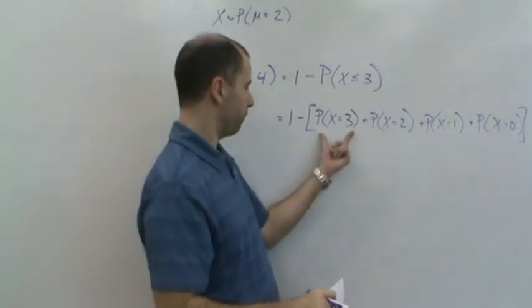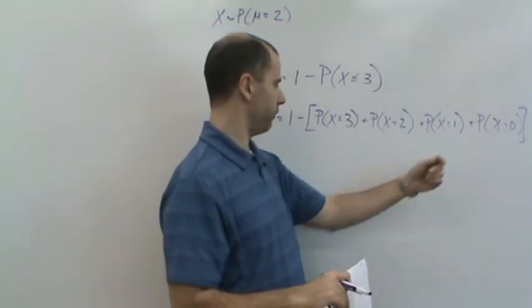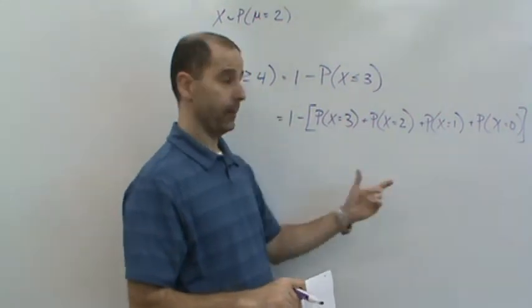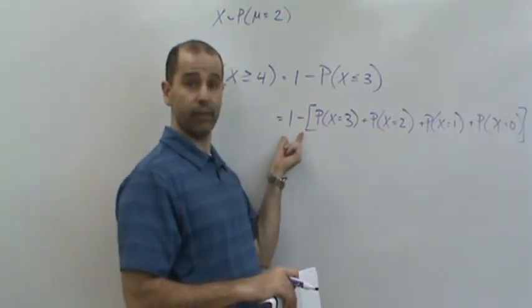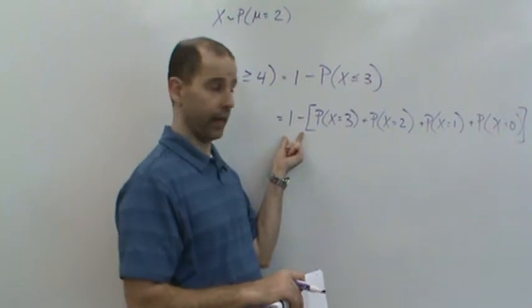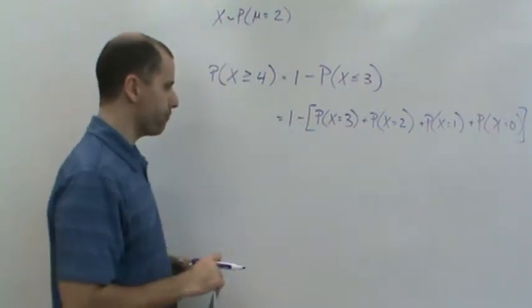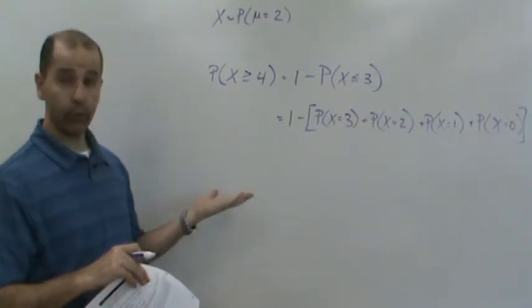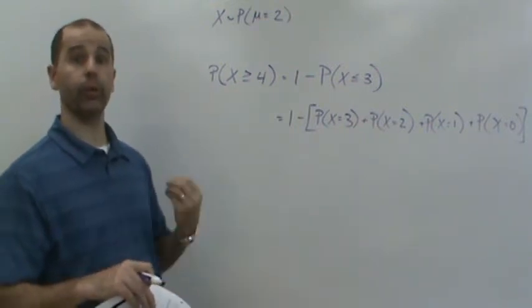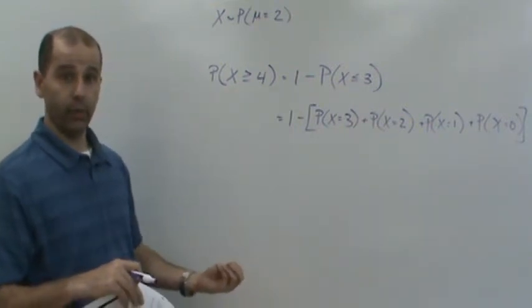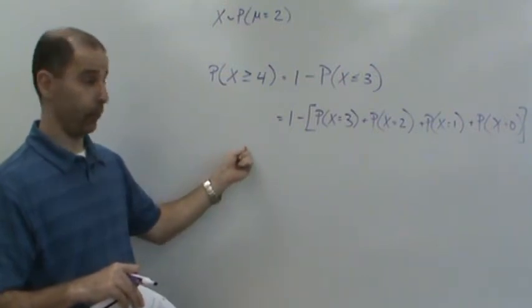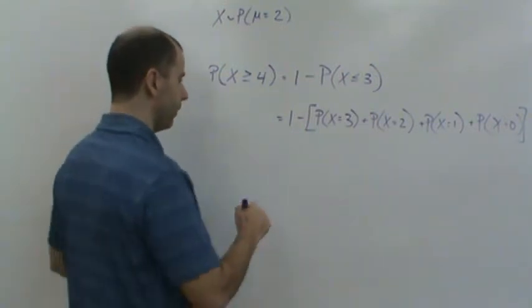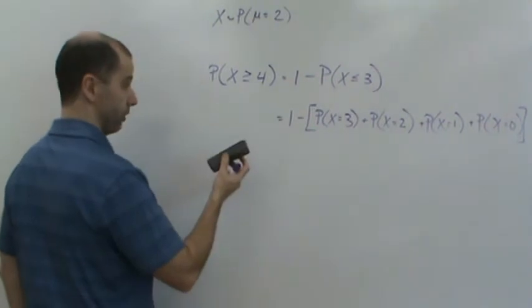So I'd have to apply the formula to each one of these and then add them up and then take that sum and subtract from 1, okay? So now, just like we would do with the binomial, just like we would do with the geometric, we would do the same thing here. Use the complement rule, okay? And then once you do that, you'd have the answer, okay?